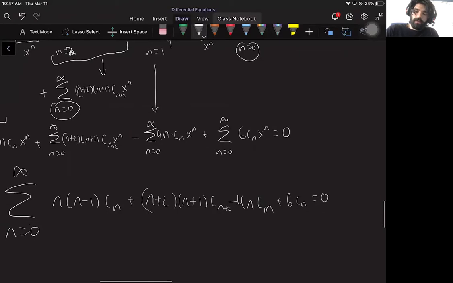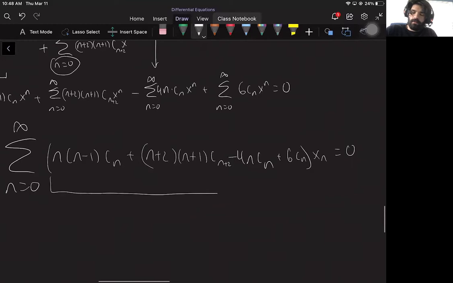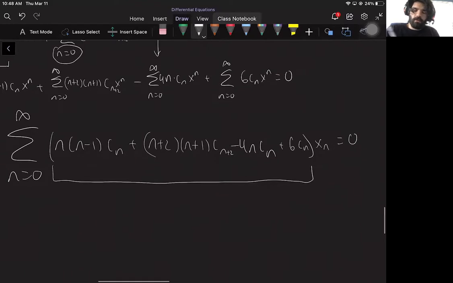Okay, so all of that times, now, I've taken out my x to the n. And then the idea is the same. This all needs to be 0. You need all the coefficients to be 0. And what I'm going to do is multiply some stuff out and keep the Cn's together.